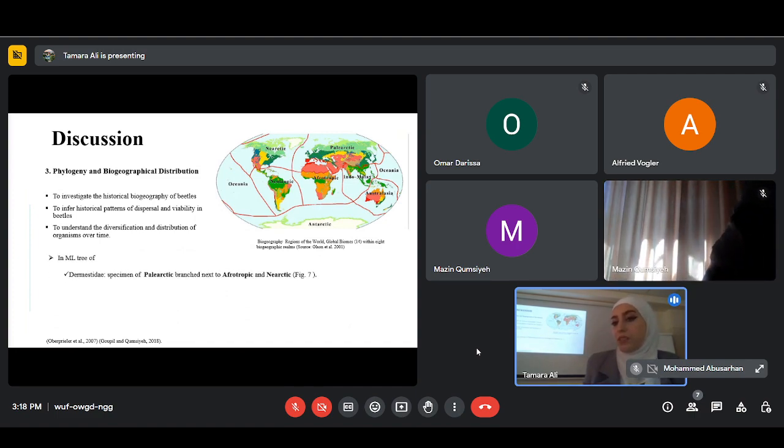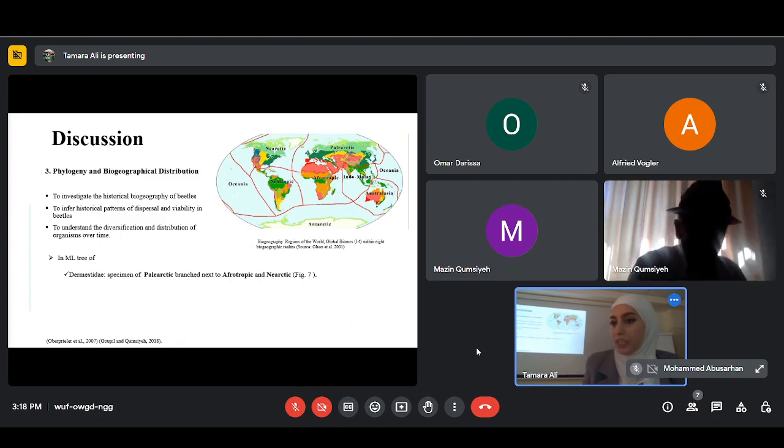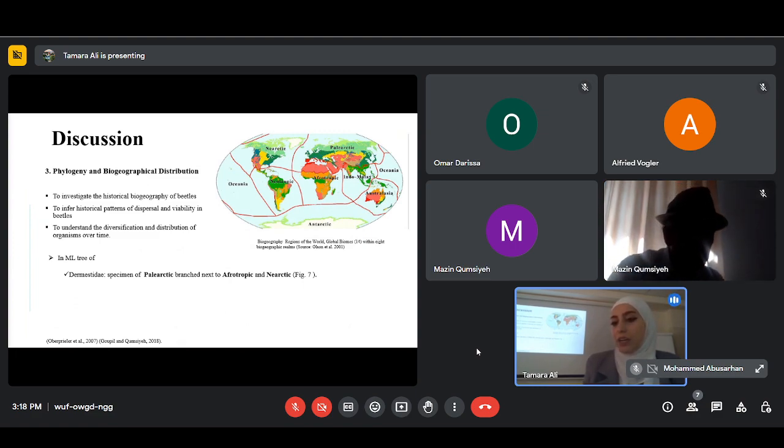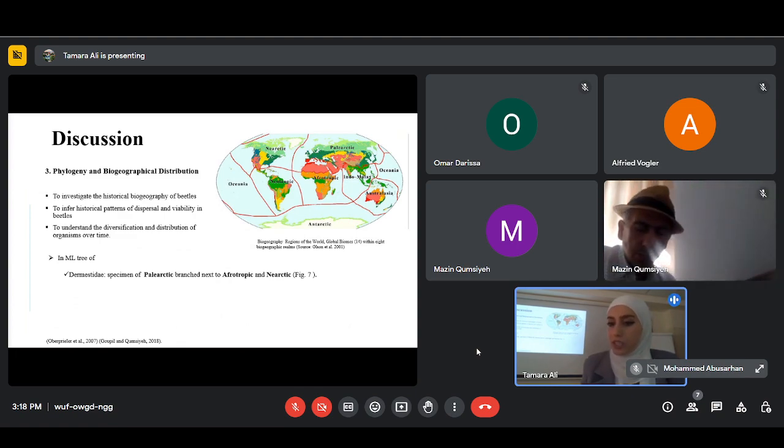Our result in the Dermestidae tree shows one specimen of Palestine in the Palearctic region branched next to the specimen of the same genus from South Africa in the Afrotropic region and Canada in the Nearctic region.